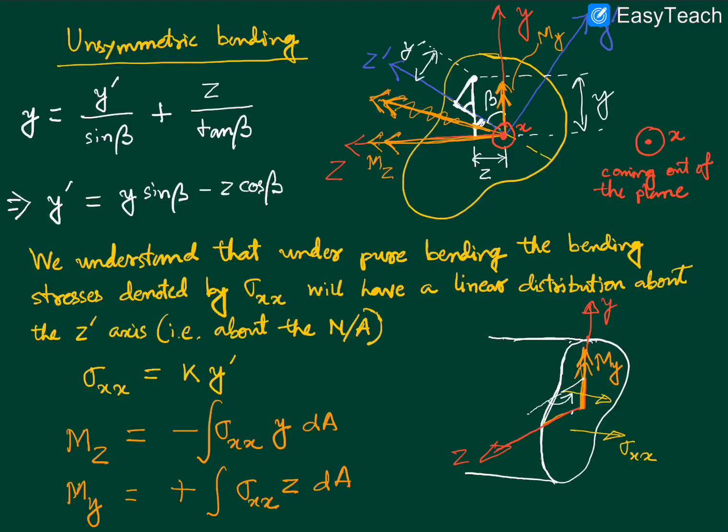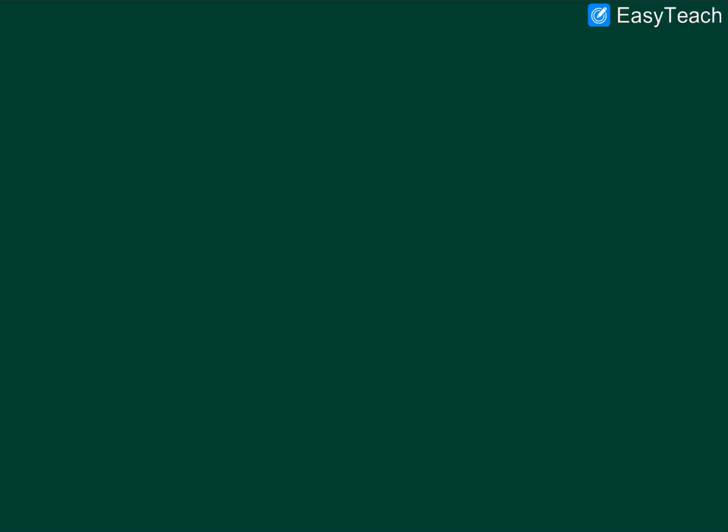So the first thing that we need to write is Mz is equal to minus integration of sigma xx y dA. Okay, so this is just a repetition of what we wrote in the previous page.